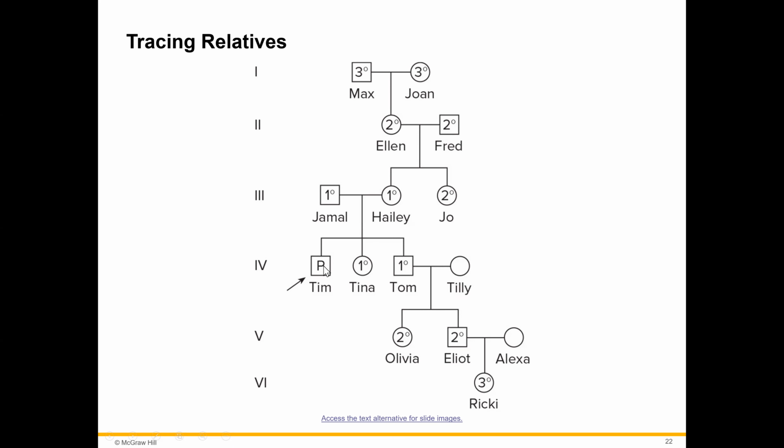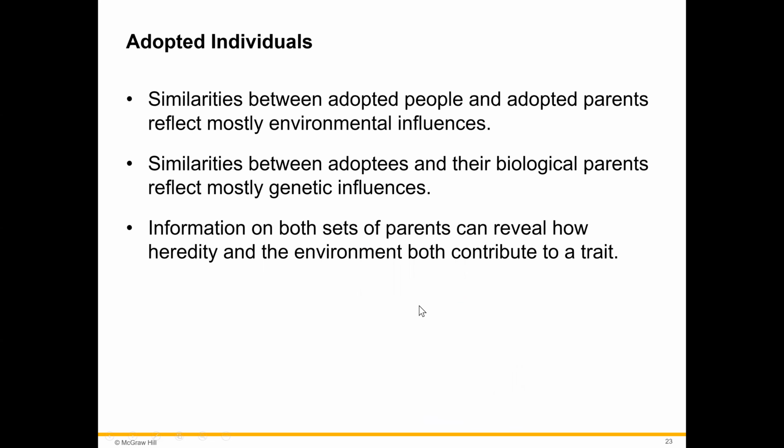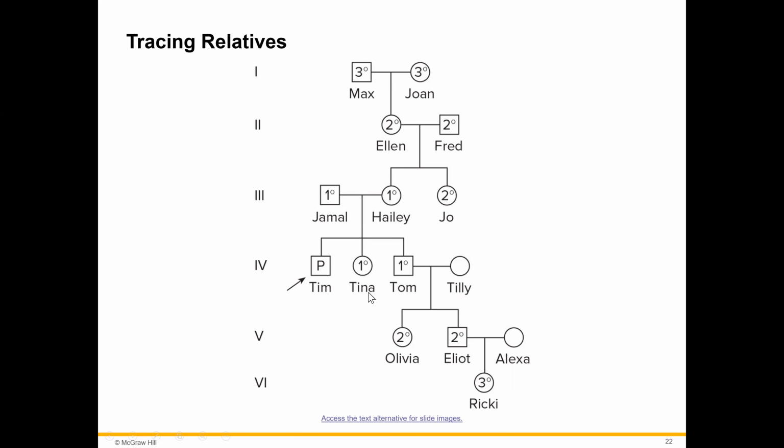Based on this knowledge, we know the percentage of genes that Tim shares with his nephew and niece, and then we can predict if they can inherit this condition or not. I will take that back, because Olivia and Elliot will inherit it from Tom and Tilly, but they are related to Tim.